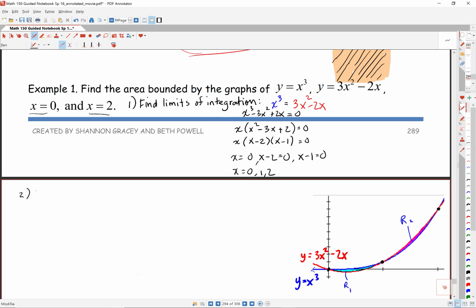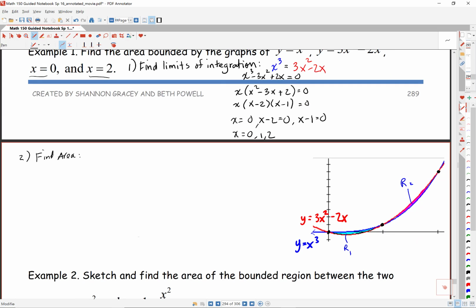So when we do that, let's see what we have. We're going to have the area is really equal to region 1 plus region 2. Okay, so far? So the blue region and the pink region. So let's define those areas, right?